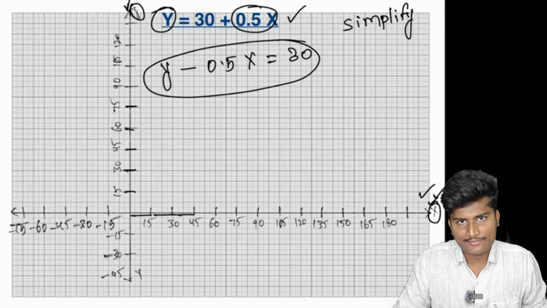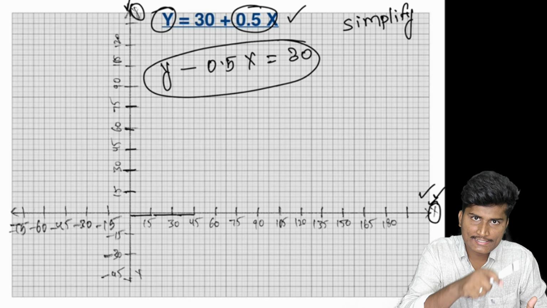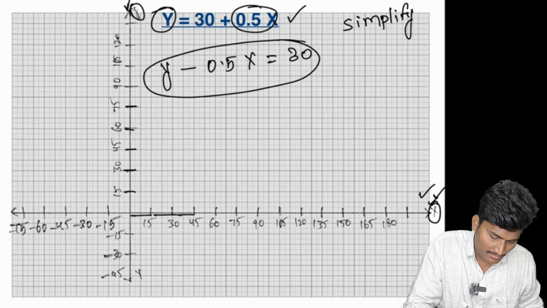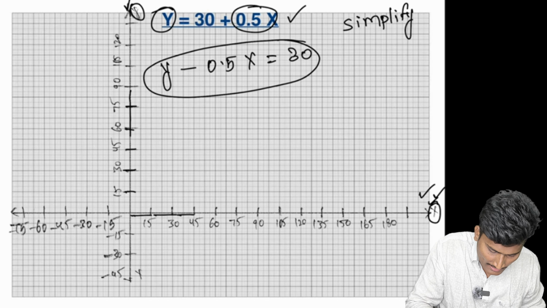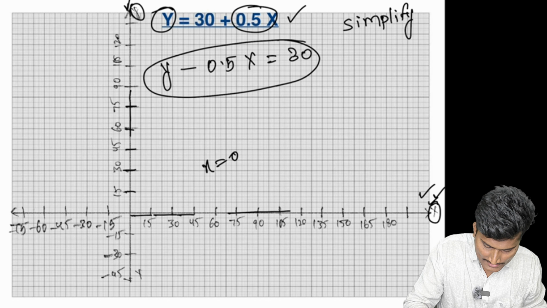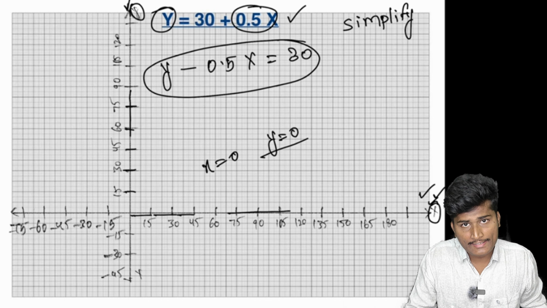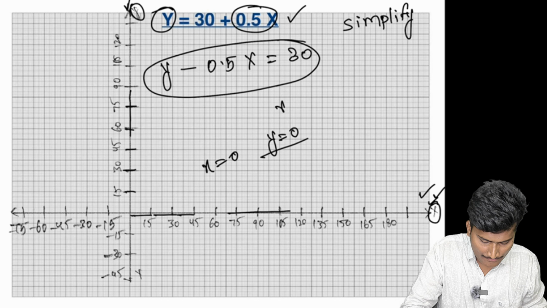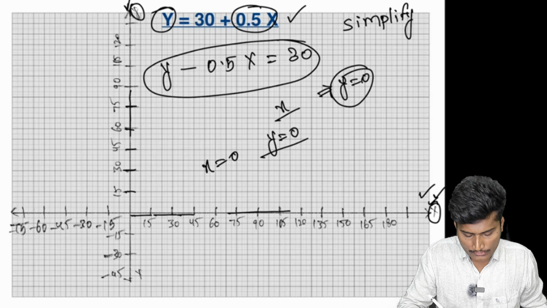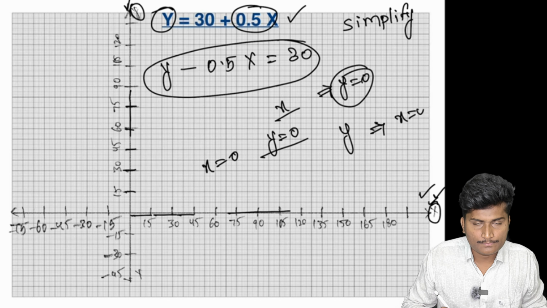After simplifying, we need to find the points where the line meets the x-axis and y-axis. When the point is on the y-axis, x will have a value of 0. When the point is on the x-axis, y will have a value of 0. So we need to find the value of x when y is equal to 0, and also the value of y when x is equal to 0.